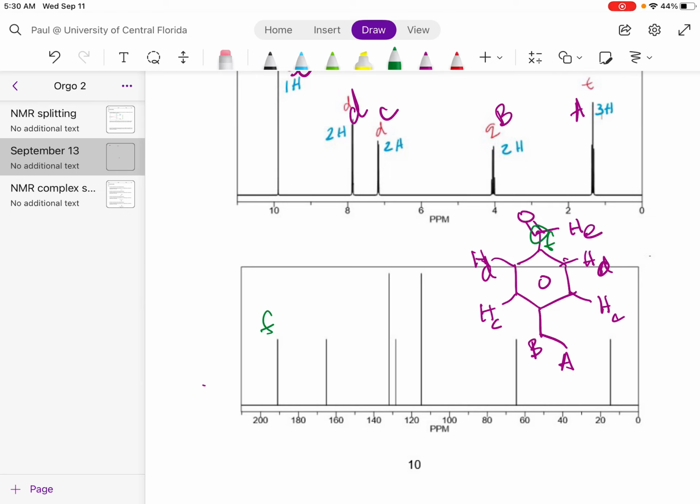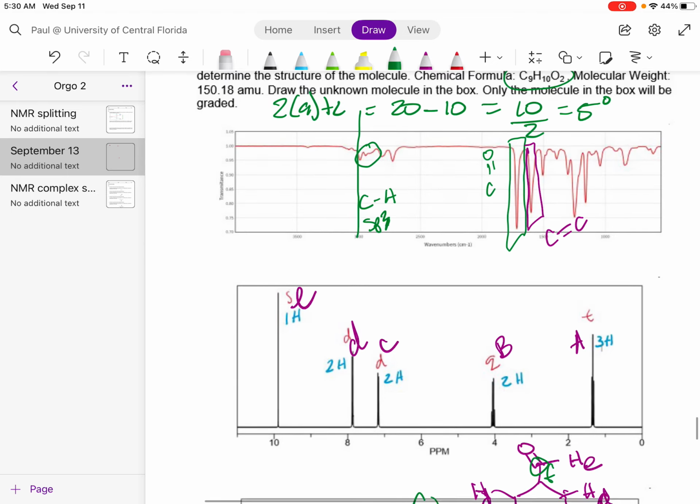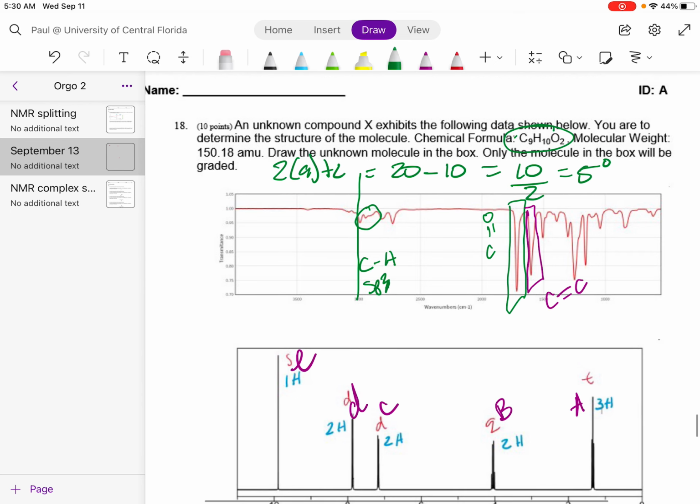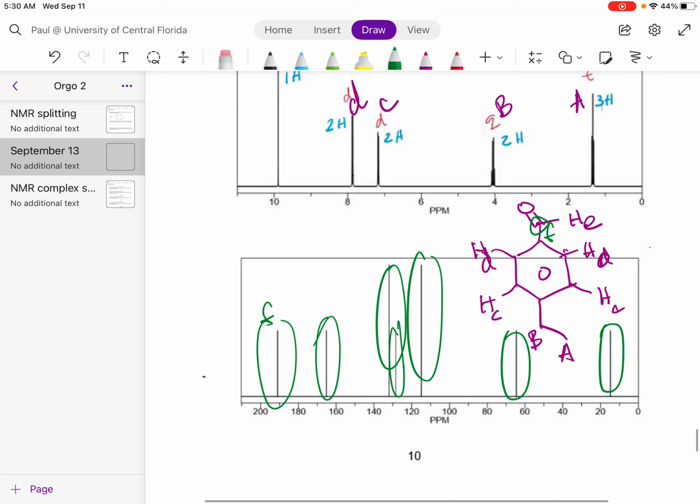And how many signals do we have? Let's double check that real quick. 1, 2, 3, 4, 5, 6, 7. And how many carbons do we have in our molecule? We have 9 carbons. So we can't freak out and say, oh, that's just wrong, because there's supposed to be 9 carbons. Having 9 carbons does not always mean we have 9 signals in the carbon 13.